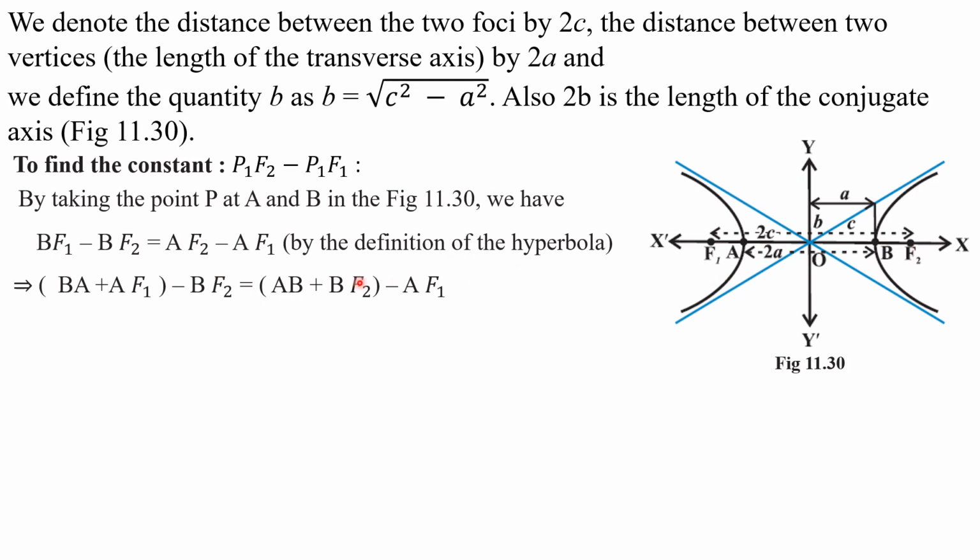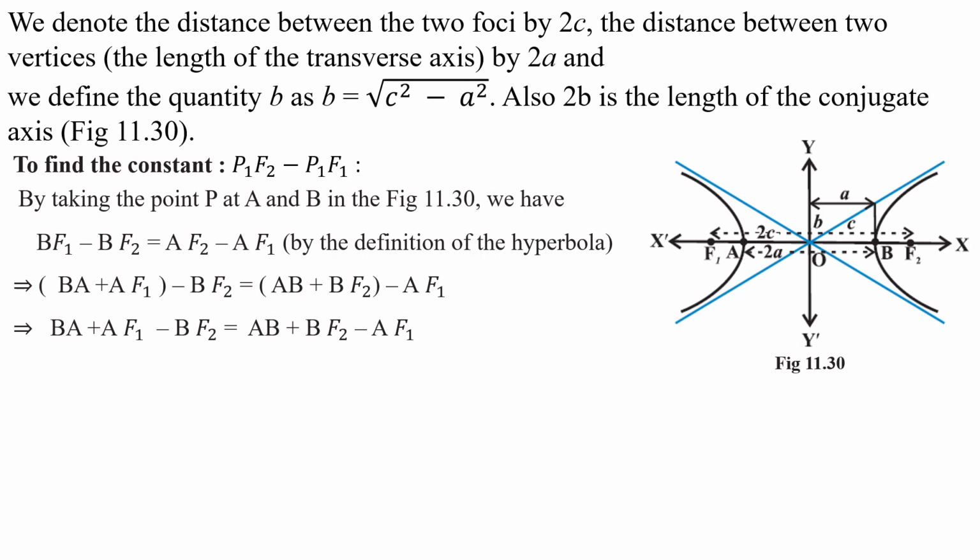So we wrote AF2 as the sum of these two line segments, minus AF1. Understood this step, my children? Right. This implies BA plus AF1 minus BF2 is equal to AB plus BF2 minus AF1. Here we remove the small brackets. After removing the small brackets, we wrote these three terms in LHS and we wrote these three terms in RHS. Understood this step, my children? Right.